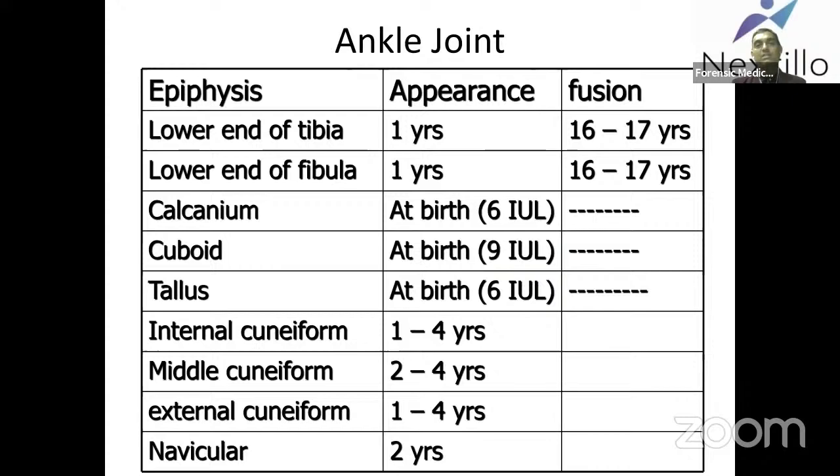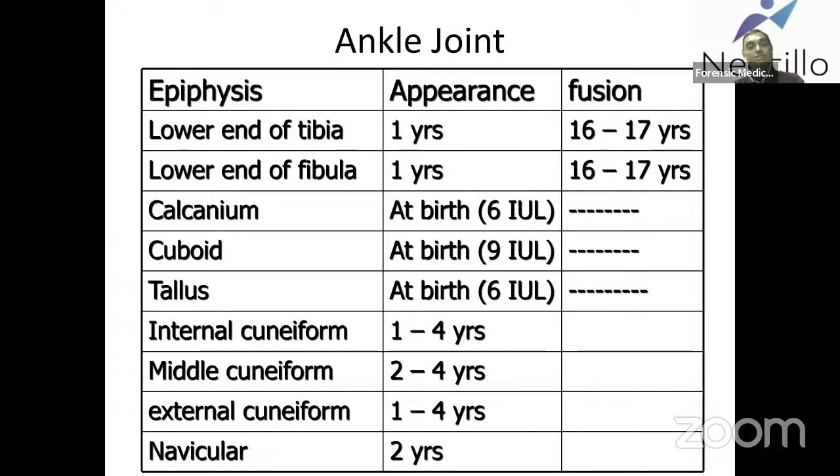The ankle joints are very important. The lower end of the tibia appears at 1 year and fuses at 16 to 17 years. The lower end of the fibula appears at 1 year and fuses at 16 to 17 years.